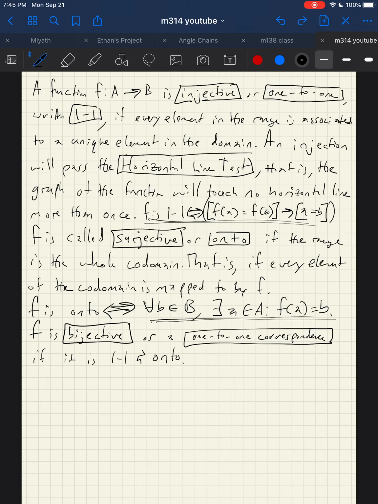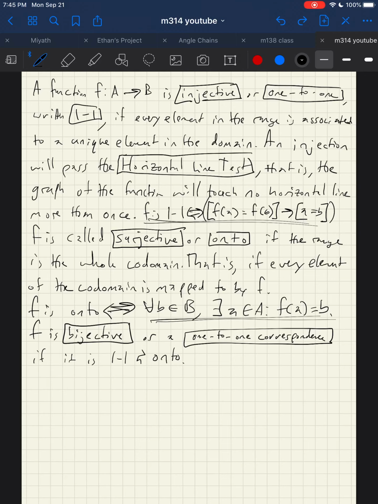I don't really like this term 1-to-1 correspondence because we already say 1-to-1 for something, and sometimes people call a function a correspondence or talk about corresponding elements, and this is its own thing, but I just feel like it's a little bit murky linguistically. So I prefer the term bijection. f is bijective, it is a bijection, whatever, if it's 1-to-1 and onto. So I'm going to try to stick to that language, even though this is also acceptable language.